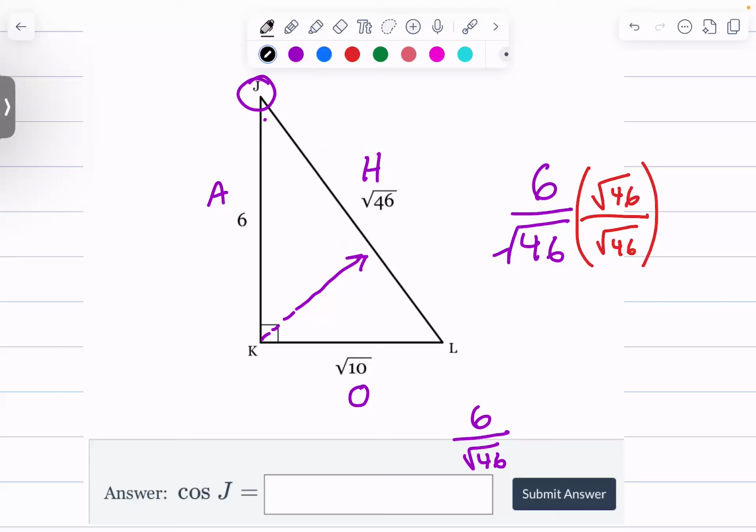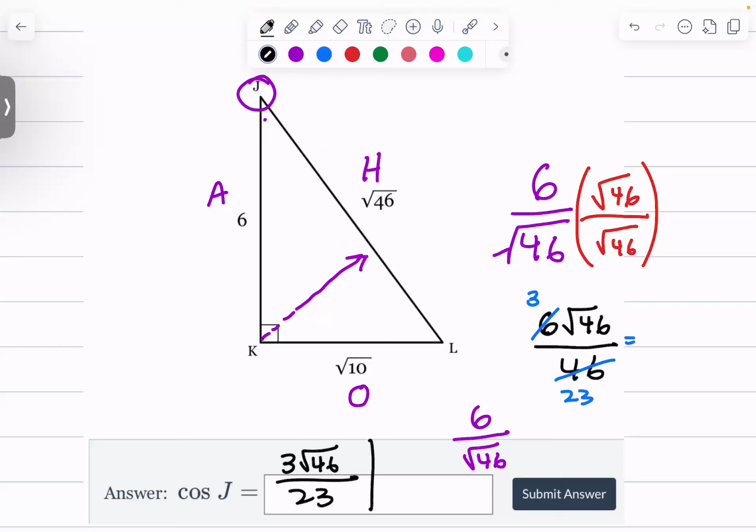So this would be 6 square root of 46 over 46. The 6 and the 46 both go into 2, so then this would be 3 and 23. Then your answer would be 3 square root of 46 over 23. That's your answer.